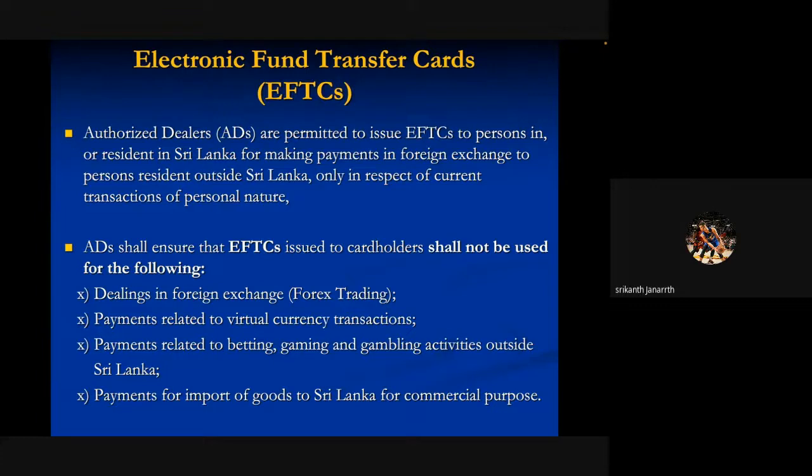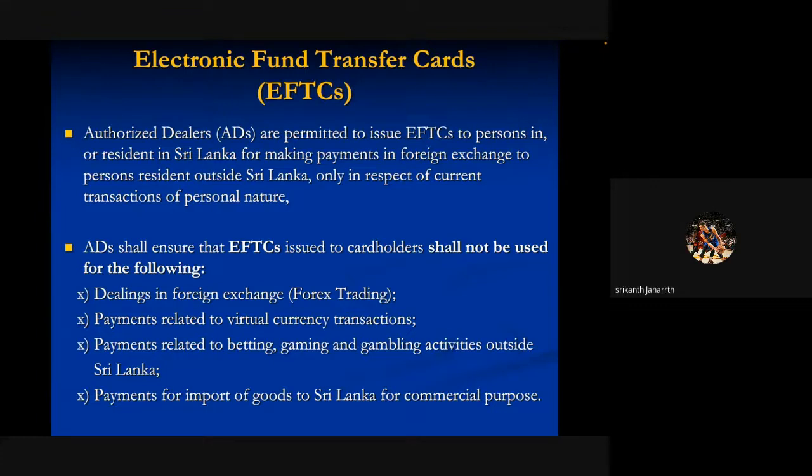You can purchase any of your personal commodity by utilizing a personal debit or credit card. No issue. That is what it categorically says. Anything of personal nature. So you can see the AD shall ensure the EFTC issued to a cardholder shall not be used for the following.